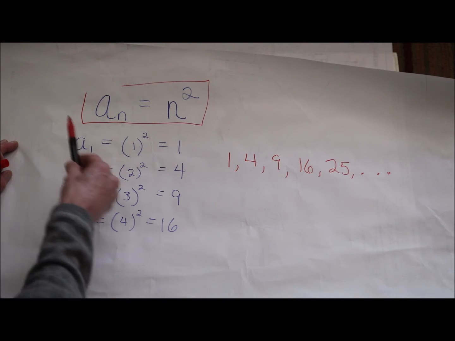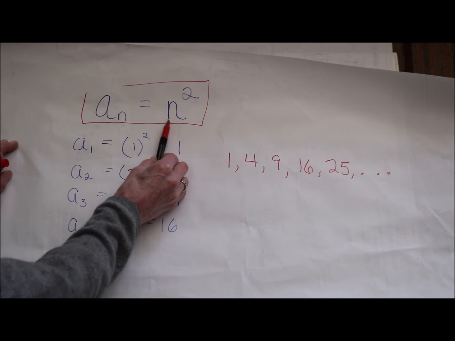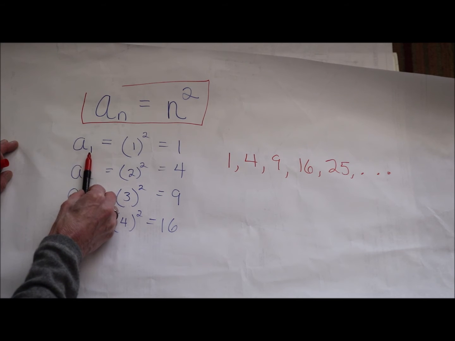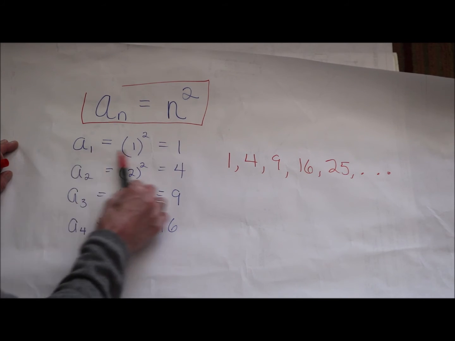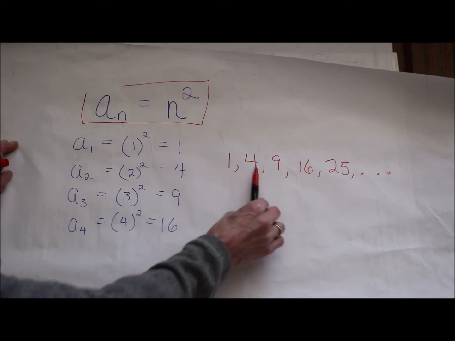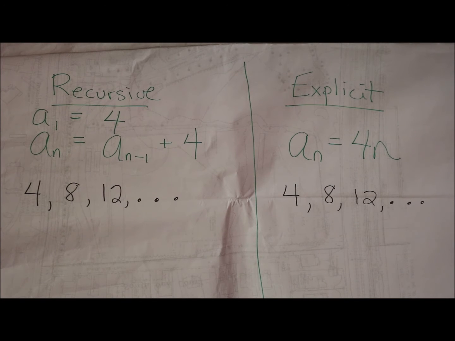So basically, the bottom line is when you are given an explicit equation, all you need to do to generate each term is just to replace the n with the number of the term, follow the rule, and get your numbers. Not too bad.